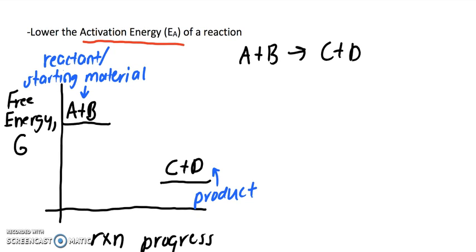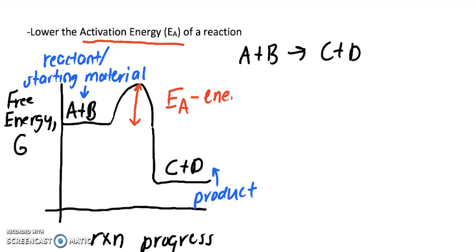For A plus B to become C plus D, it's going to have to acquire some energy, and it's going to have to surpass this barrier that I just drew in. So from here to here is the amount of energy we're going to need. We call this the activation energy. So this is the energy required for the reaction to occur.